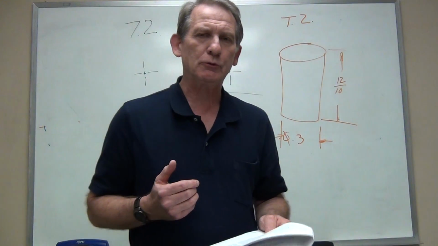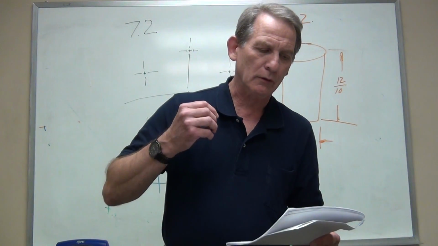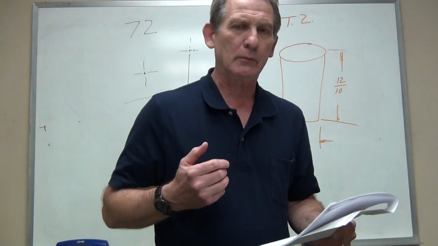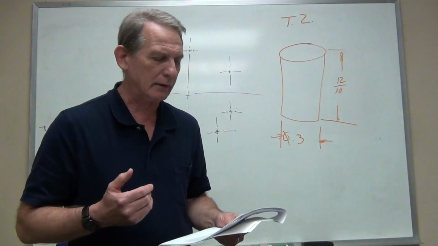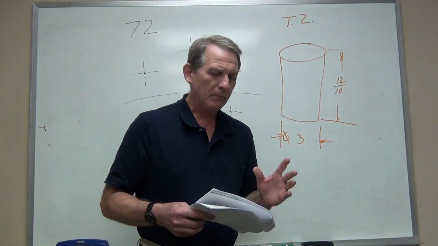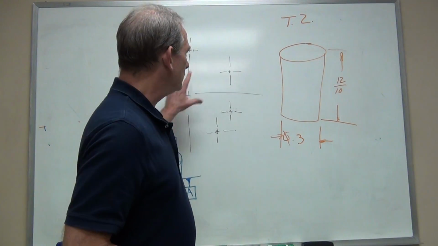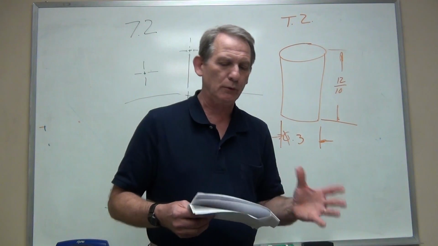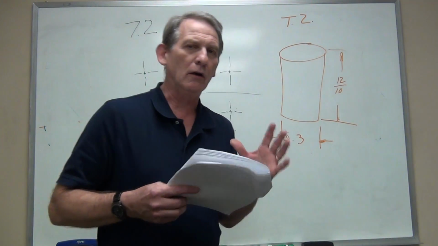But it is a busy drawing. You have all the location dimensions that are basic. Even though they don't have a box around them, the default note tells you that they are basic. So you've got all kinds of dimensions and the part itself and the ID and the OD and the thickness and all of that stuff.